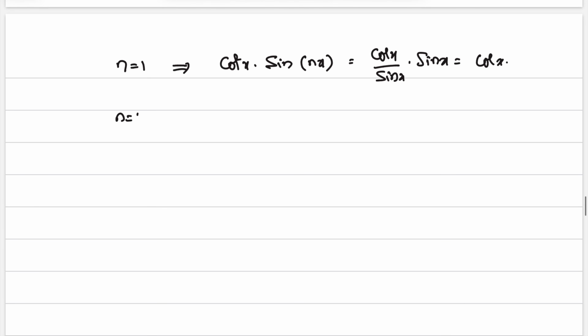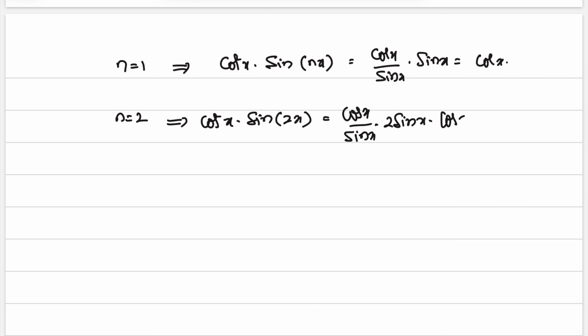If n is equal to 2, cot x into sin 2x, it is not sin x, it is 2 sin x cos x, that is cos x by sin x into 2 sin x cos x, which is 2 cos square x.